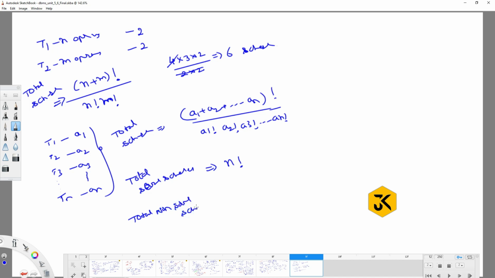Simply we can write it as total schedules minus total serial schedules, right? So this particular slide is very important for you.